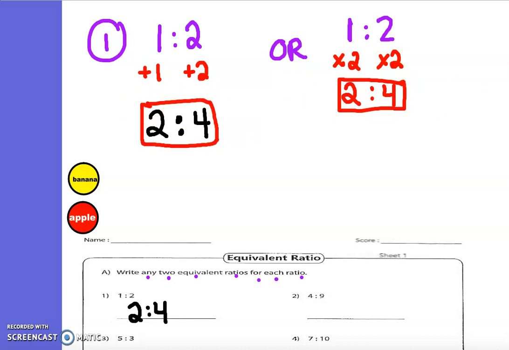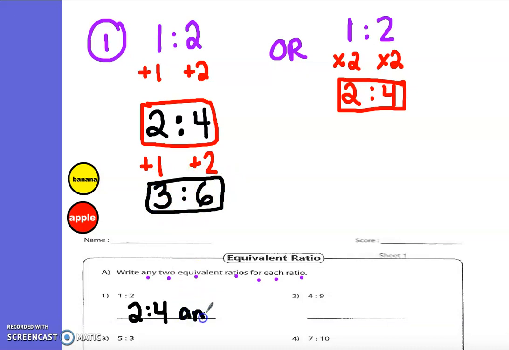Okay. Now, if I continue using addition, if I use the addition way, I could just keep on adding by 1 again, just like I did here, and I could keep on adding 2 again. So then another answer would be 3 to 6. That's the addition way.